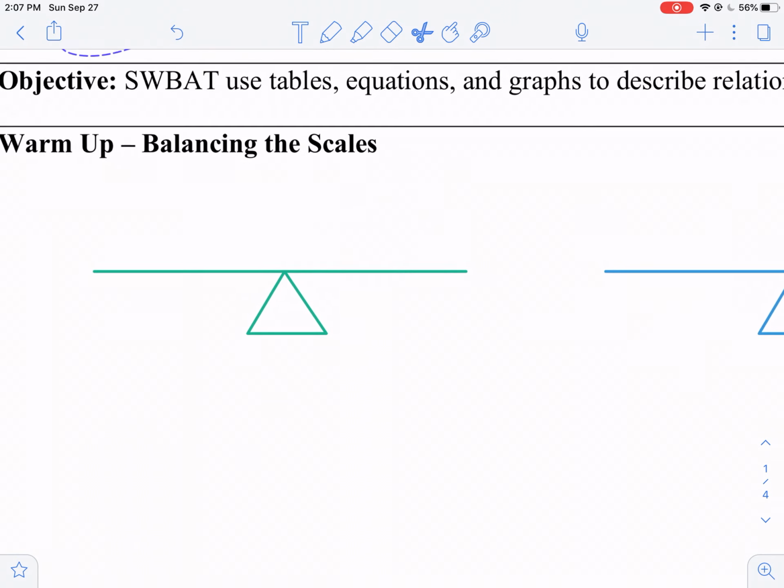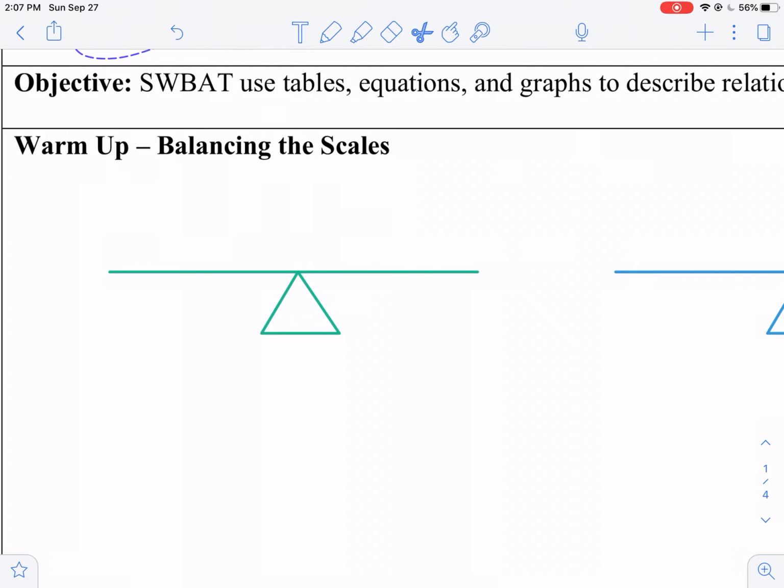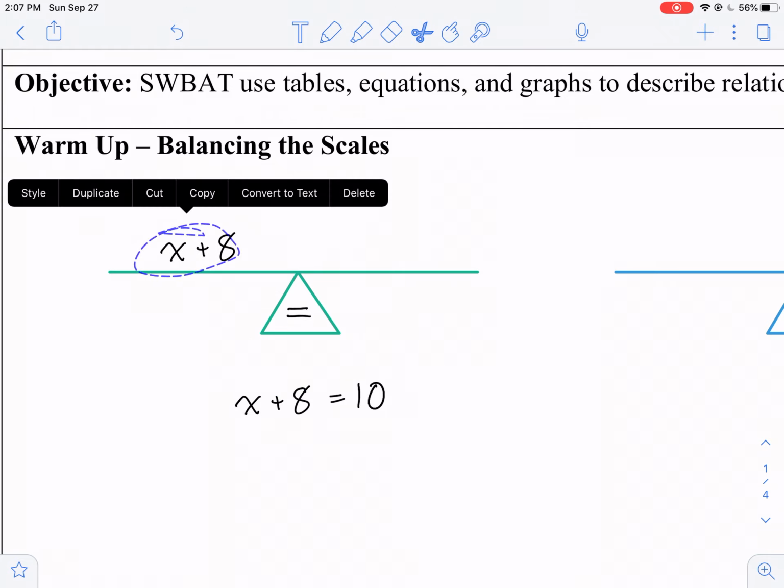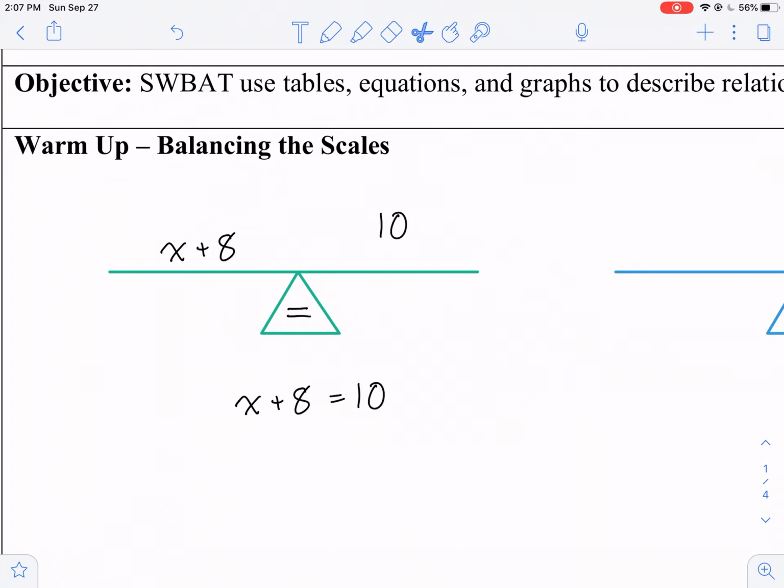Now, an equation is like a balanced scale. When we have an equation like x plus 8 equals 10, for example, we can take this equal sign and use that as the center of our equation. That's saying that this part, this x plus 8, balances with 10 over here.